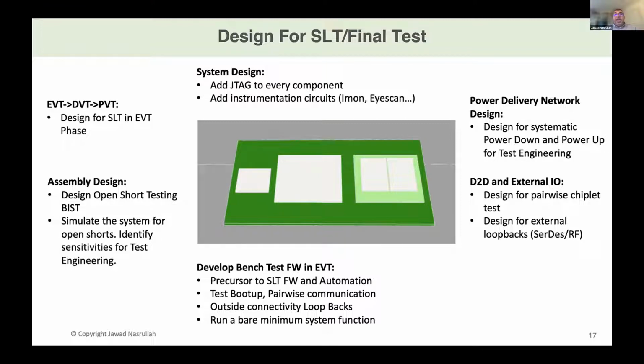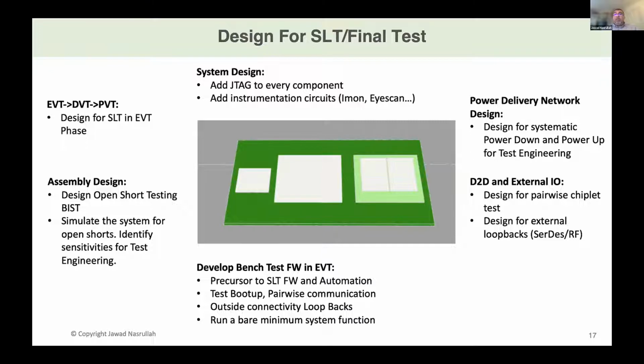And then, can we add instrumentation circuitry like eye monitors, current monitors, power monitors, things of that nature, that can be made accessible to test engineering to make sure that at a very high level the key components are working.